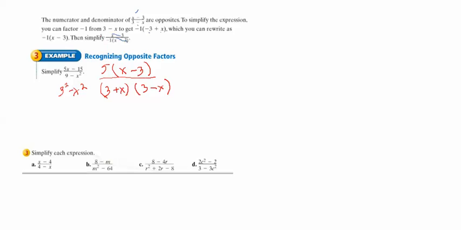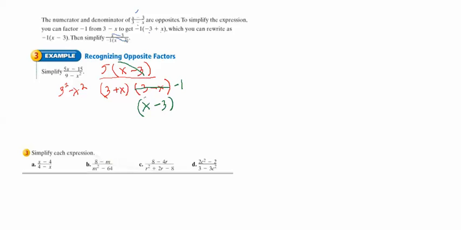Okay, but we just talked about these are opposites. So in order to cancel these, I need to factor out a -1 from this one. So if I factor out a -1 from here, I can change this to look like that, but I keep my -1, but this is now no longer written here, it's here.